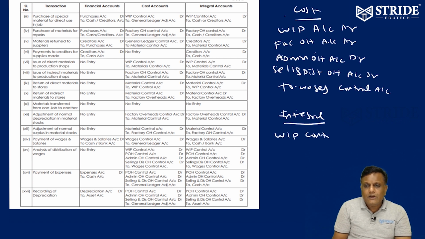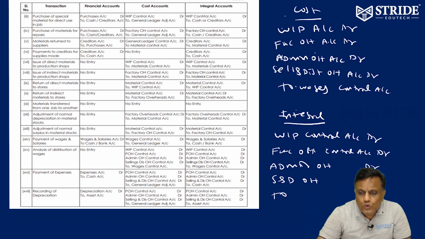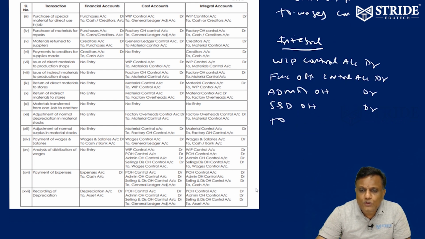So WIP control account debit, factory overhead indirect wages allocation, factory overhead control account debit, admin overhead control account debit, S&D selling and distribution overhead control account debit to wages control account.